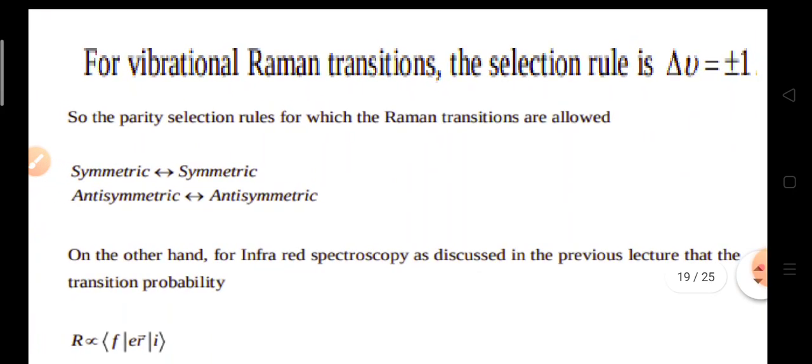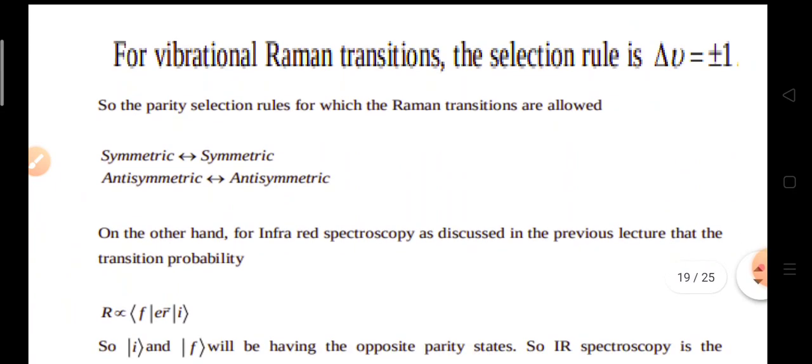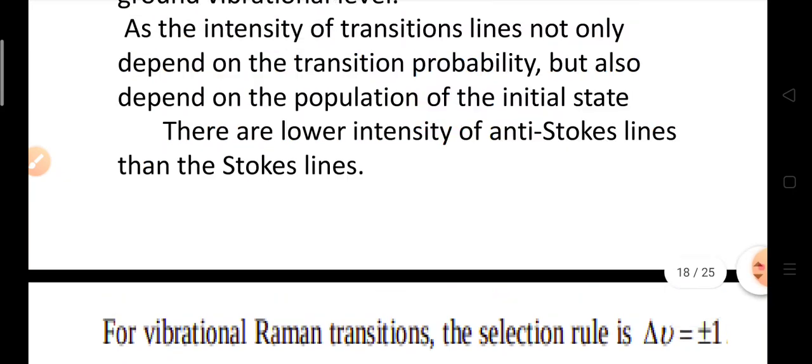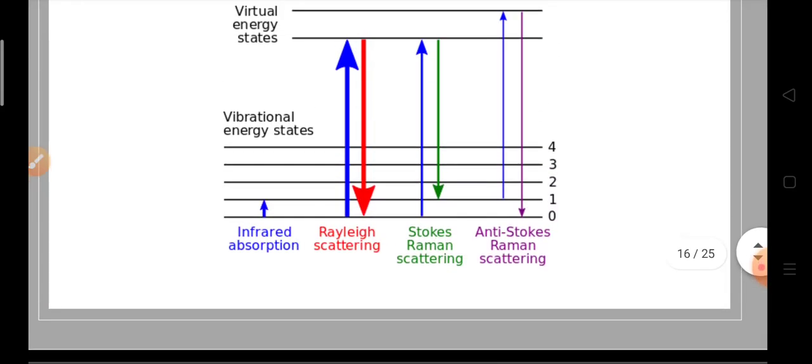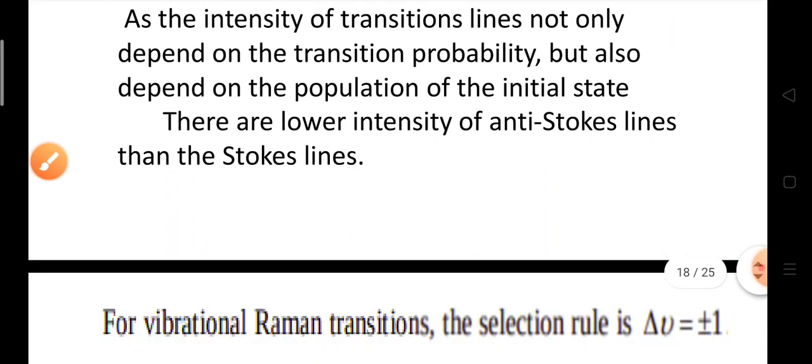This is also an interview question, and they will definitely ask you why we get the Stokes line more intense than the anti-Stokes line, and you have to answer that the population at room temperature of the lower vibrational state, that is the ground vibrational state, is higher than that of the excited vibrational states. That's why the Stokes lines are more intense than the anti-Stokes lines, and hopefully you understand from this diagram also.